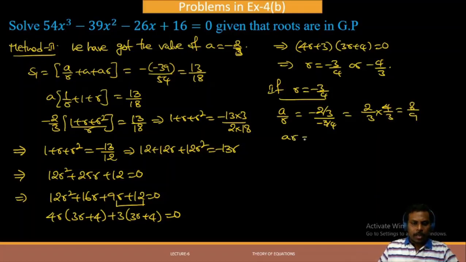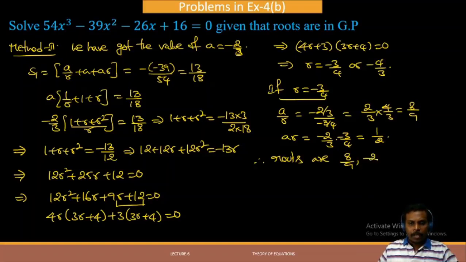So AR value is equal to minus 2 by 3 into minus 3 by 4, that is equal to 1 by 2. Therefore roots are 8 by 9 comma A value is minus 2 by 3 comma 1 by 2.